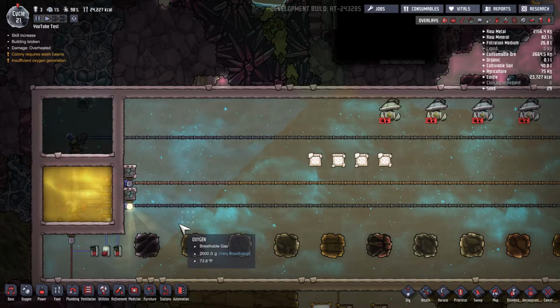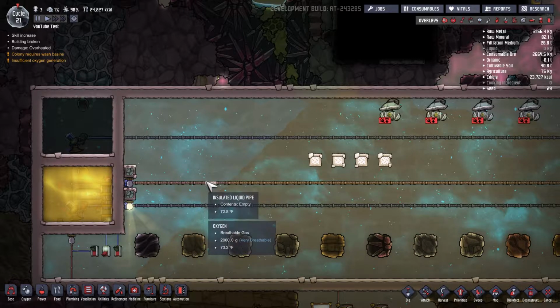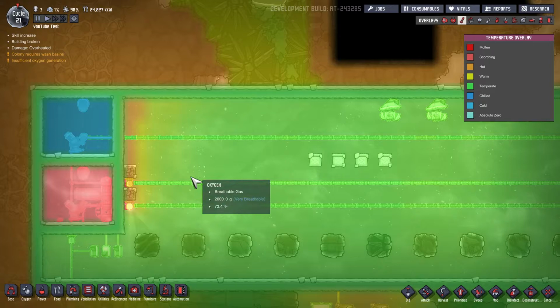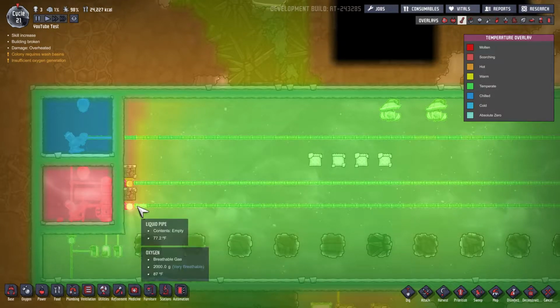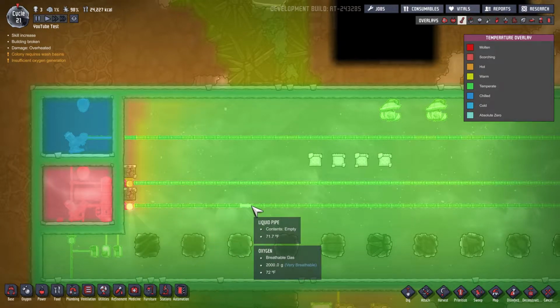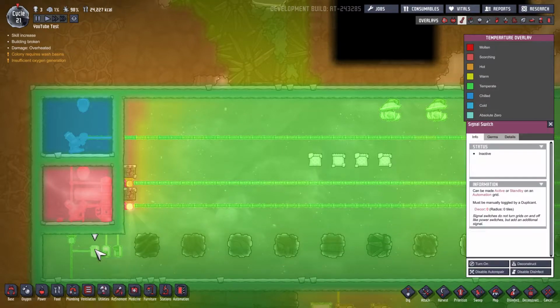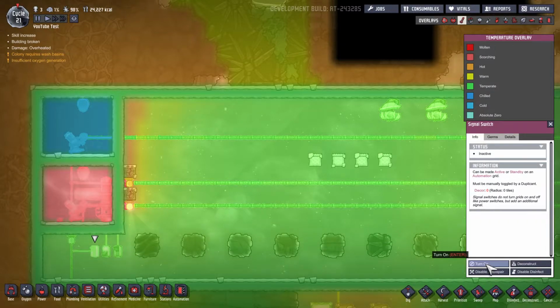So let's take a look at what happens when you pump hot liquid through each of these pipes and what the difference is between standard piping versus insulated piping. So with that, we'll go to our temperature overlay and we'll turn on our pumps. First, we're going to use these standard pipes. So let's turn on our pump.